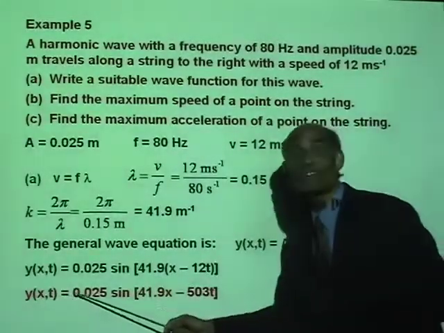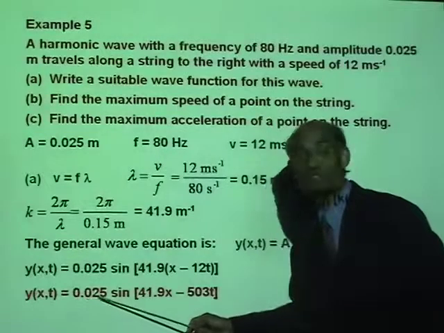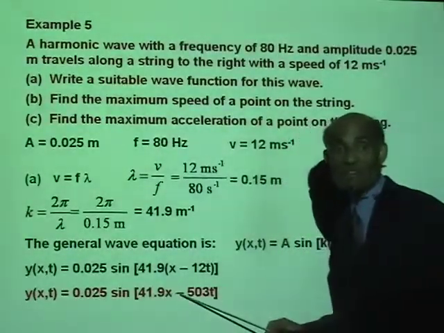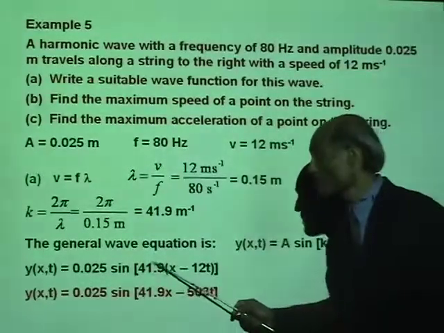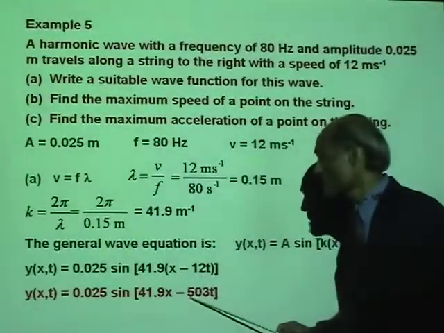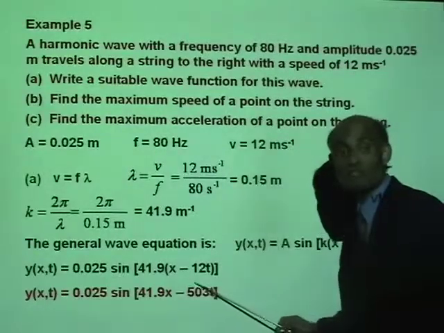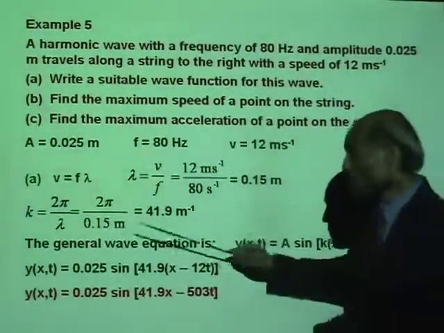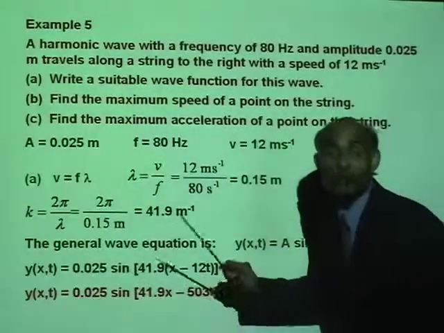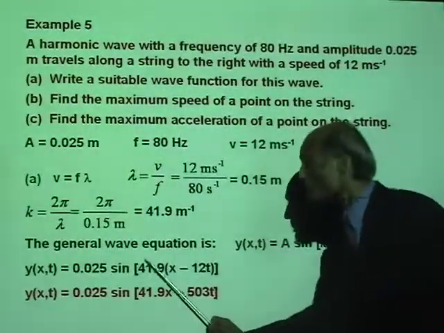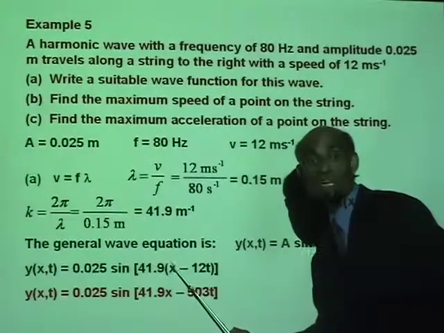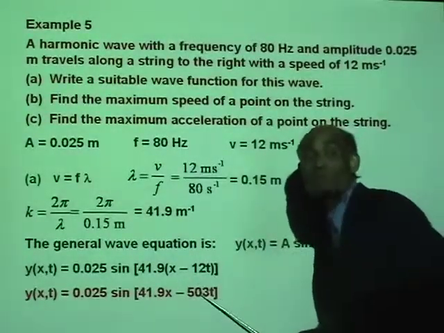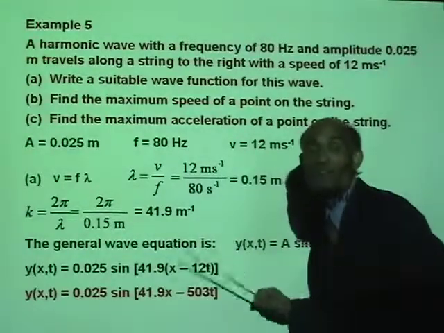That will be y(x,t) equal to 0.025 sine (41.9x minus 41.9 times 12, which is 503t). This is the omega you have now. Okay, so we wrote the equation using both forms. This is of the form k times (x minus vt). This is kx minus omega t. And both are the same.